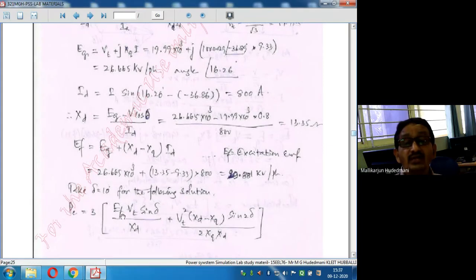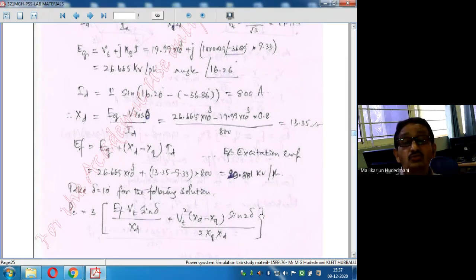I can get Ef. What is Vt? Given in the problem. What is Xd? We could get it from the calculation. The second term, Vt, is given in the problem. Xd, Xq we know. What is not known to us is delta. Delta is unknown. Power itself is unknown to me. On the other side, delta is also unknown to me.